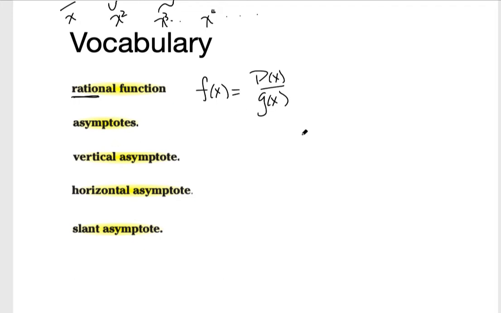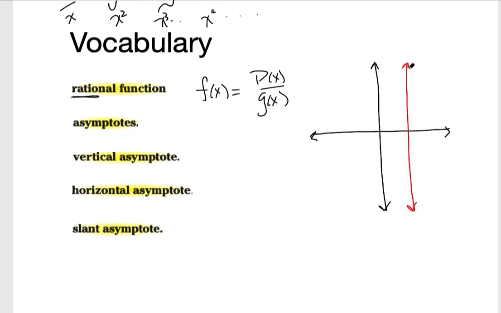What is an asymptote? An asymptote is a place on the graph that you're going to get closer and closer to without actually touching. We've seen those. Let's talk about all the asymptotes real quick. Sometimes you'll have a vertical asymptote, and I'll draw my asymptotes in red here.